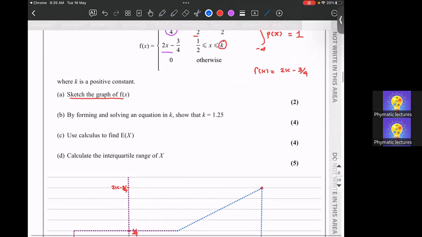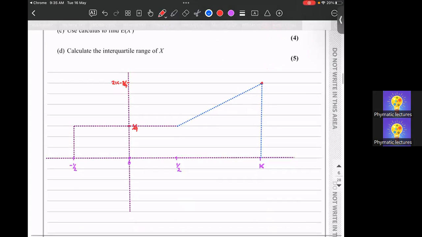It's a 2 marks question. Then, by forming and solving an equation in k, show that k is equal to 1.5. How will you do this? The idea is very simple.